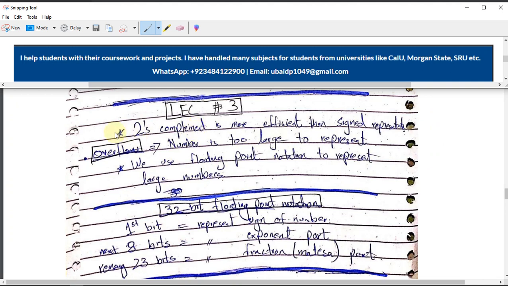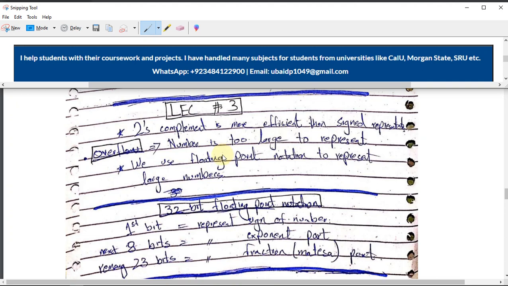Okay, and a concept is being introduced, which is overflow. What this concept says is that if a number is too large to represent, then we say that the system has overflowed, right?